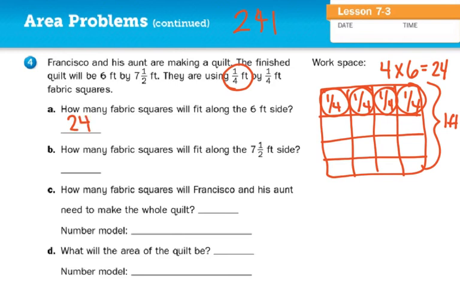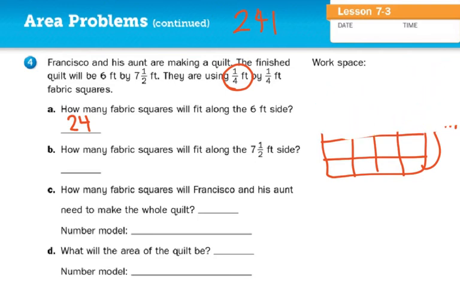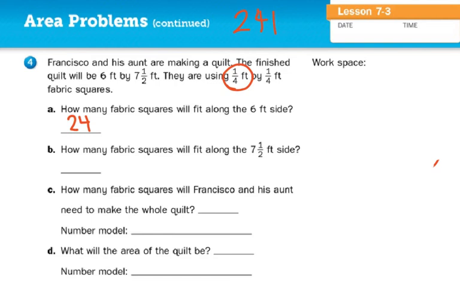How many fabric squares will fit along the 7.5 foot side? So let me erase this for a minute. Remember, there's 1/4 per foot. So I'm going to need 4 of those. 4 times 7.5.